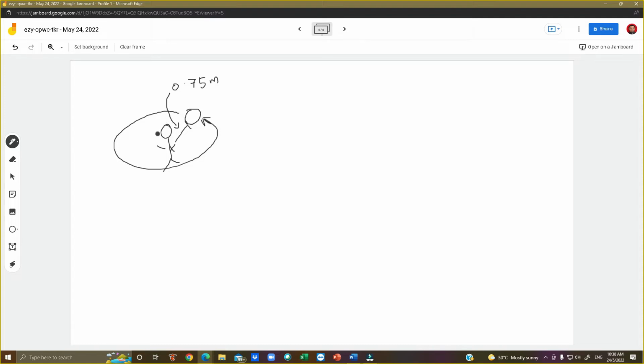An athlete swings a 0.75 meter sling of negligible weight around her head with a centripetal force of 220. So there is a force acting on the axis, which is 220 Newton.